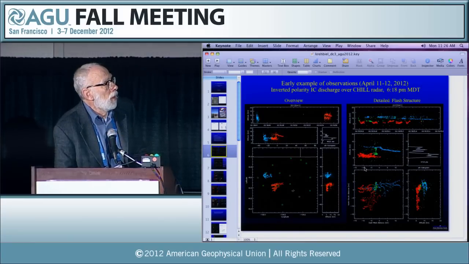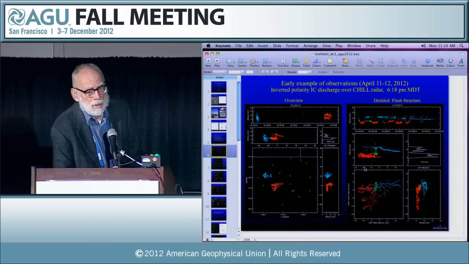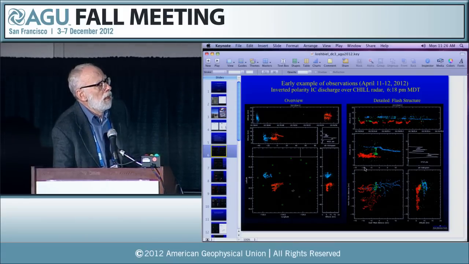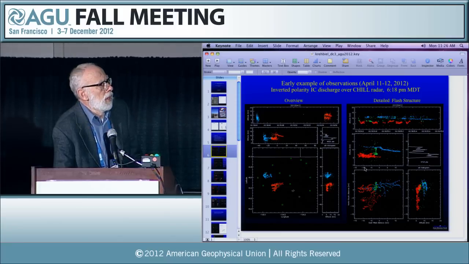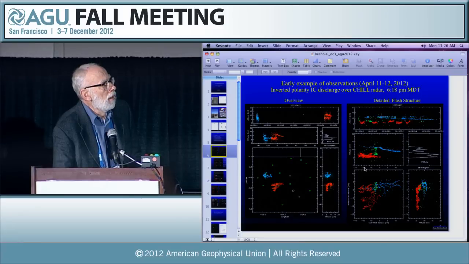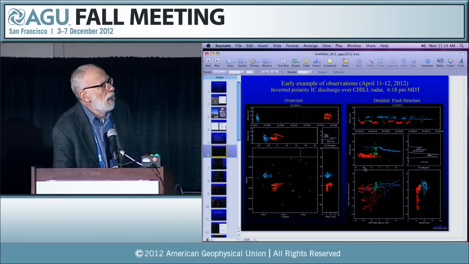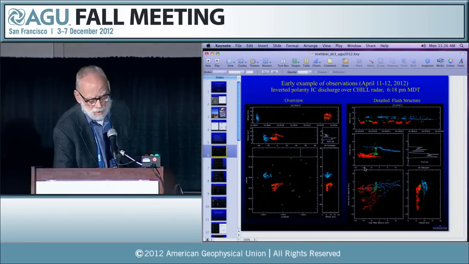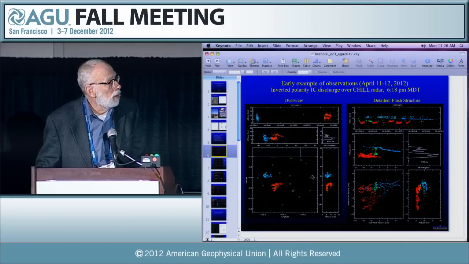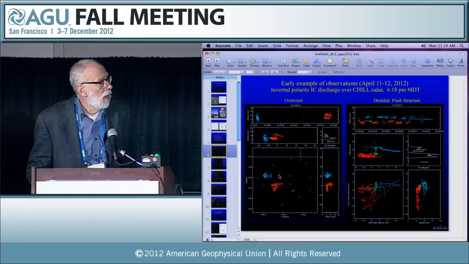Okay, so the first example I'll show is of the same flash that Ken Pickering talked about, where Ron Thomas has done an analysis of the channel length. This occurred early on, right after we got the network set up. The panel on the left shows two flashes during a couple-minute time interval.